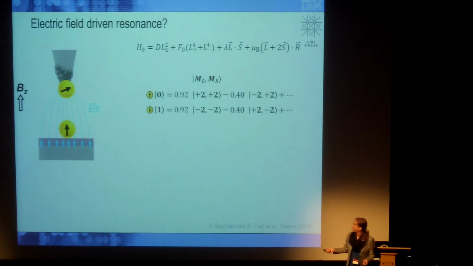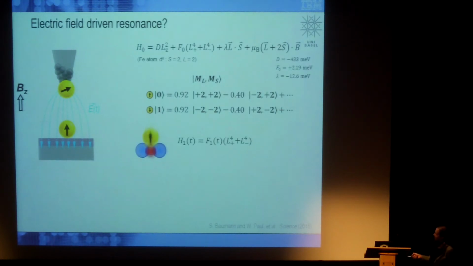So if we had just an out-of-plane field, the states would be ML, MS plus 2, plus 2 and minus 2, minus 2 very clearly, and the spin is very polarized, with a very small contribution. And so the problem is that we have this time-dependent Hamiltonian that basically causes these transitions, and the one that we use in a simplified way is L plus to the fourth and L minus to the fourth.